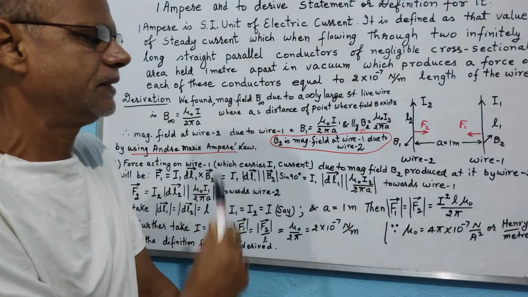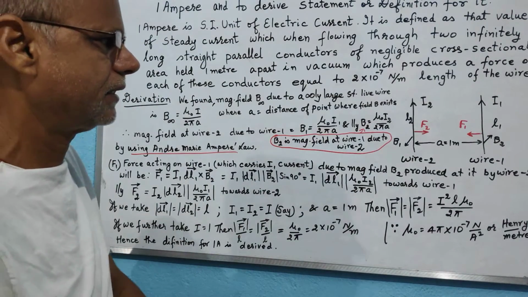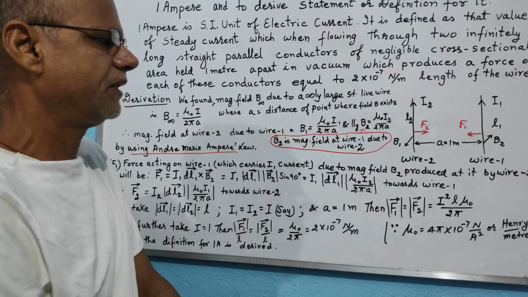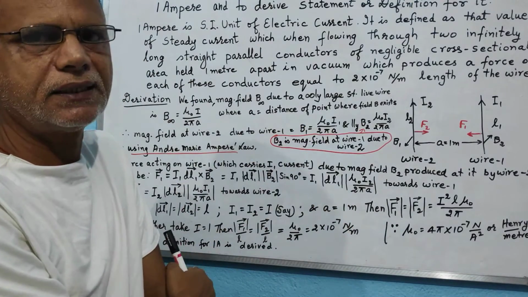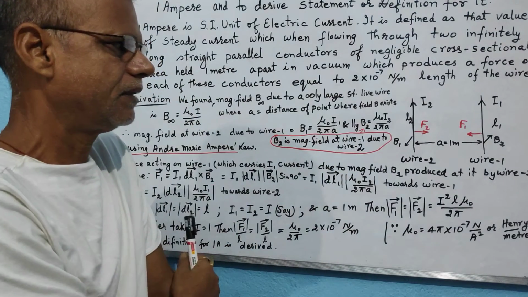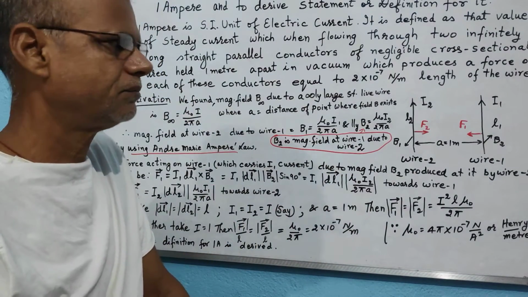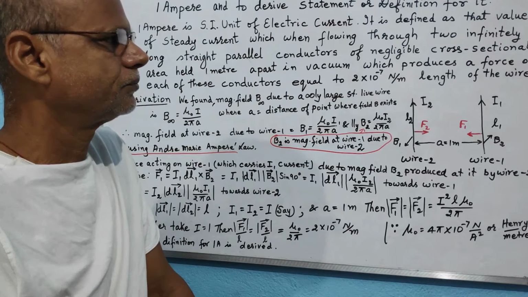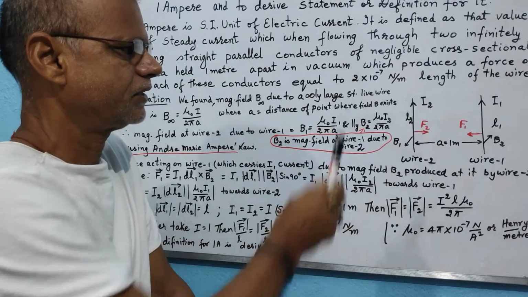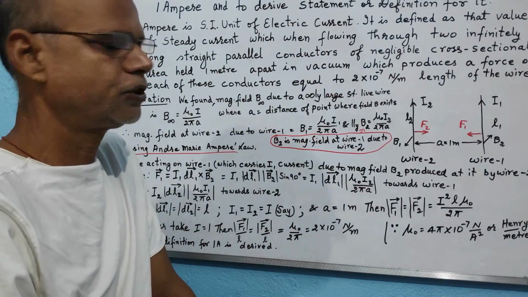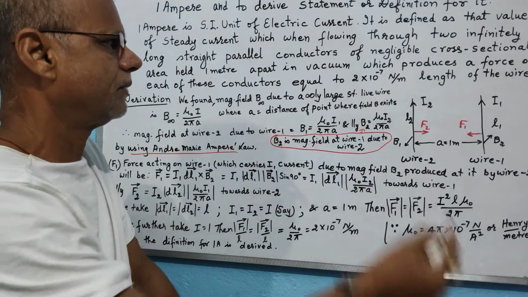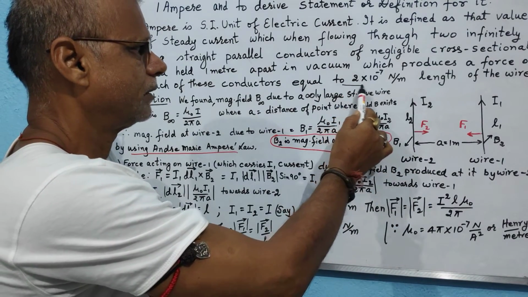for which the force of attraction or repulsion produced per unit length is 2 into 10 to the power minus 7 Newton per meter.